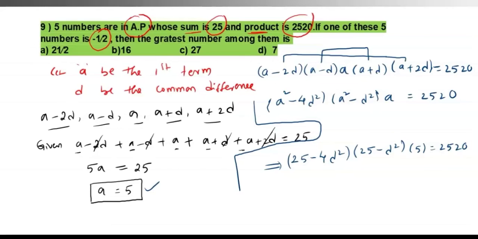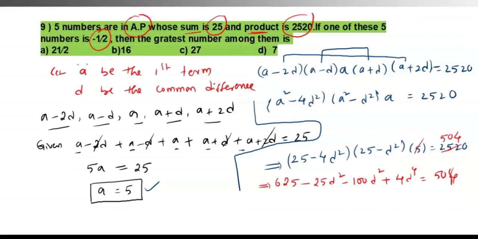So if you multiply these values, 25 25s are 625, 25 minus 25d square, 25 4s are 100 minus 100d square, minus into minus plus 4d to the power 4 is equal to 504.